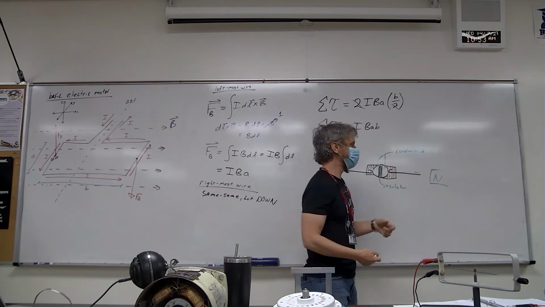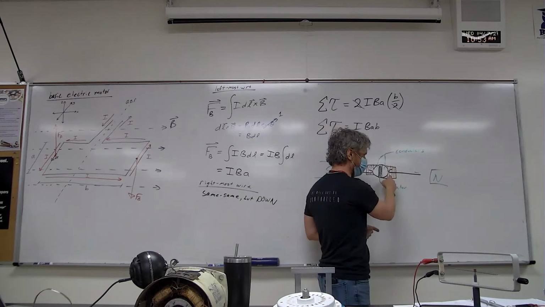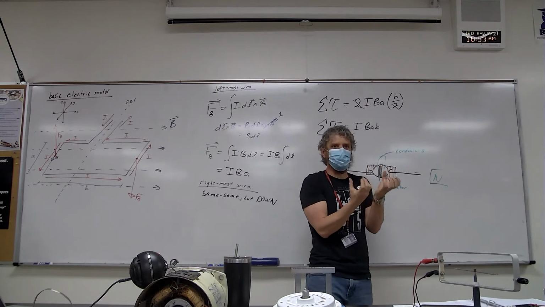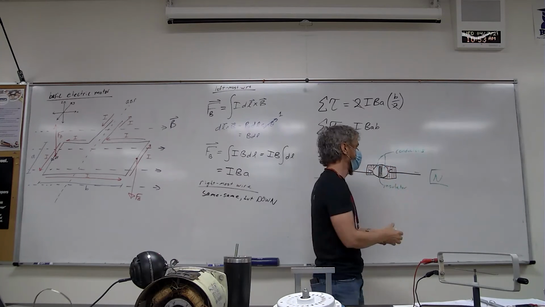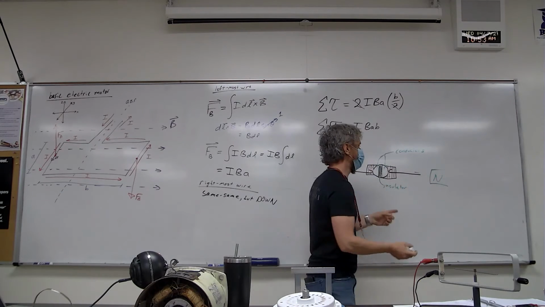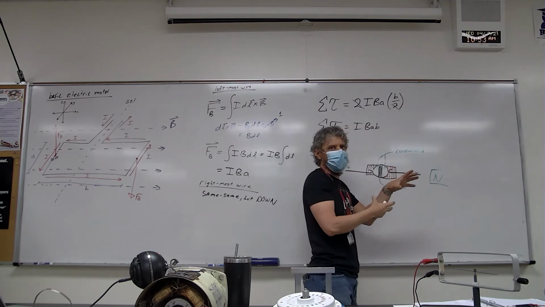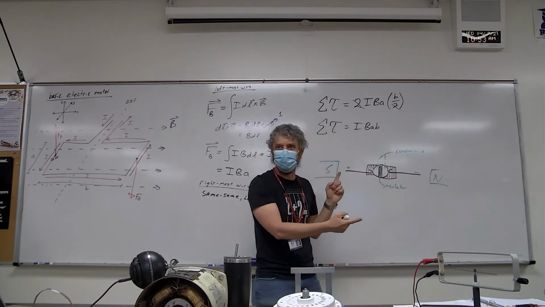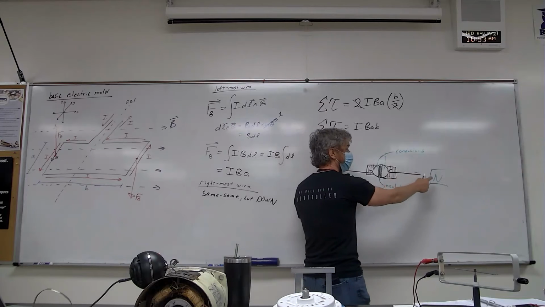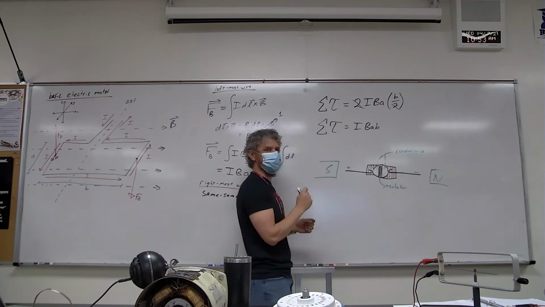Not only that, the direction that the current goes is such that the magnetic field generated within the piece of iron and amplified by the iron is of the opposite polarity of the permanent magnet. So not only do I get a torque on the wire, but I also get a magnetic repulsion from this side and attraction to that side.